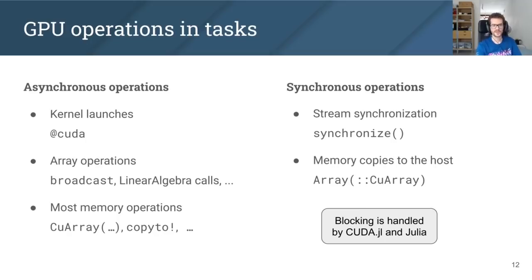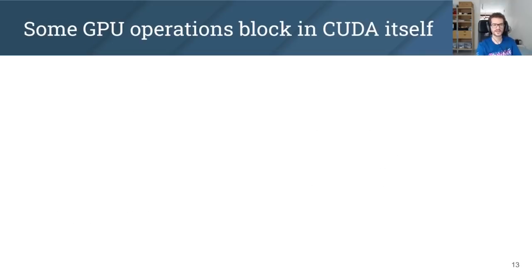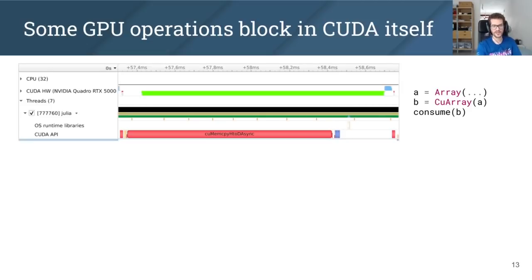There is, however, something to watch out for, namely that some operations block in CUDA itself, outside of Julia's control. And when we hit such an operation, we won't be able to switch to another task, but the CPU will just be spinning. And sadly, a very common operation like that is when you're copying memory to or from the CPU.